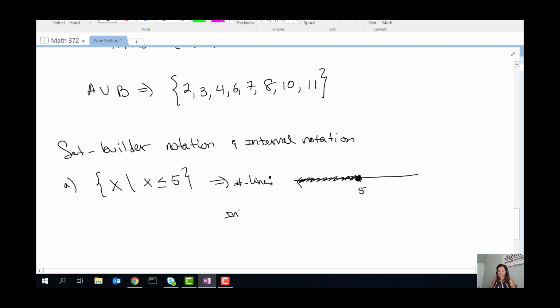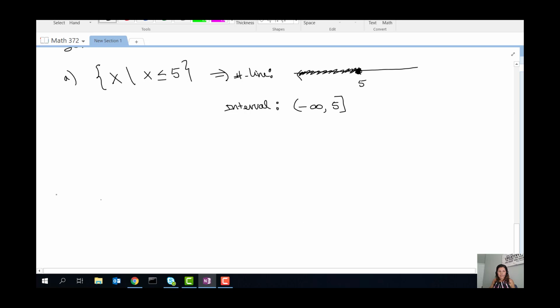Then you can write this in interval notation. Since it goes on forever, there's no end, it just says x is less than or equal to 5, and we are in the real numbers, so we assume we go to infinity and negative infinity. So this will be negative infinity all the way to 5. Because 5 is included, it has the equals, we use a bracket.